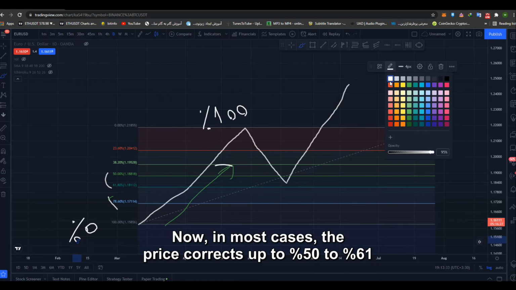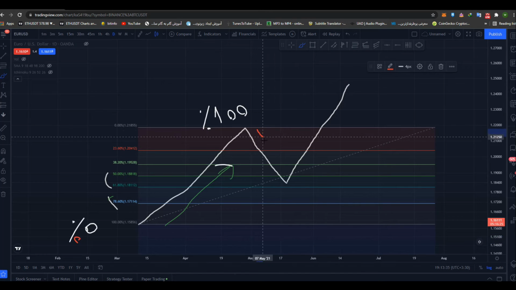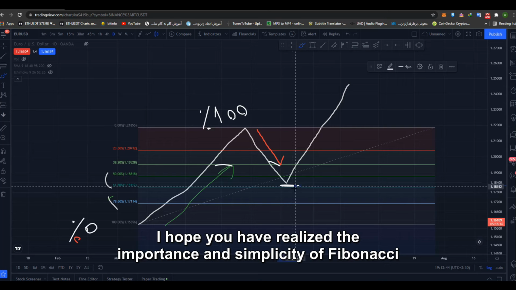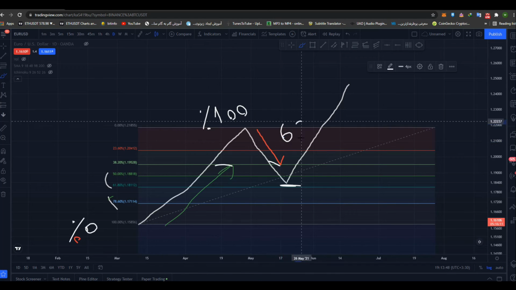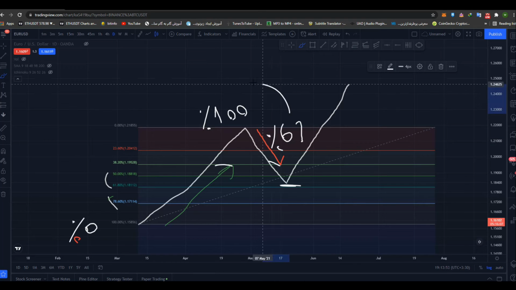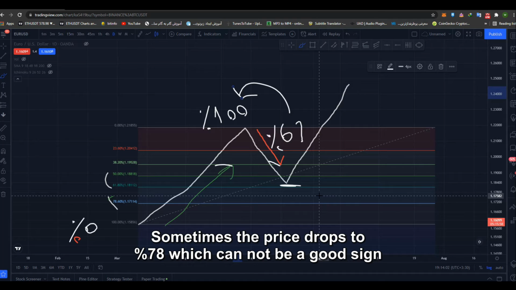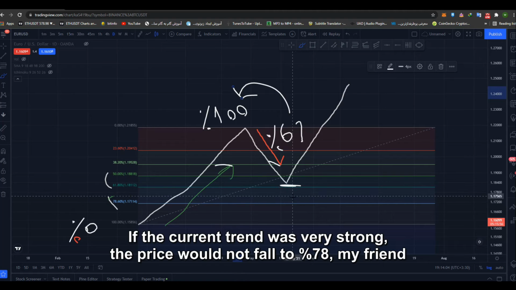Now, in most cases, the price corrects up to 50 to 61. I hope you have realized the importance and simplicity of Fibonacci. Sometimes the price drops to 78, which cannot be a good sign.